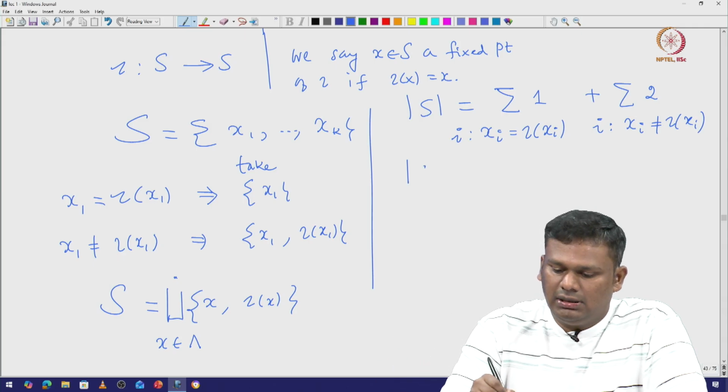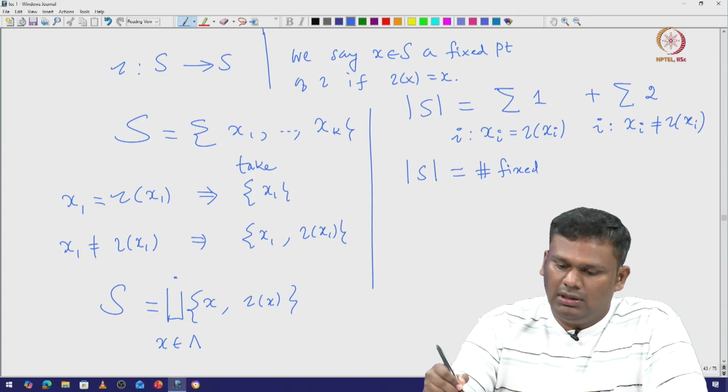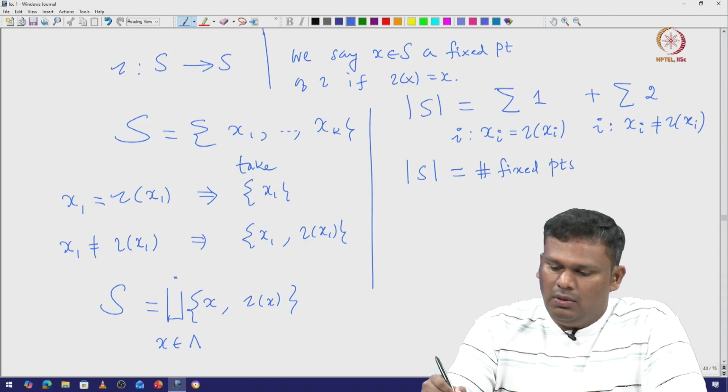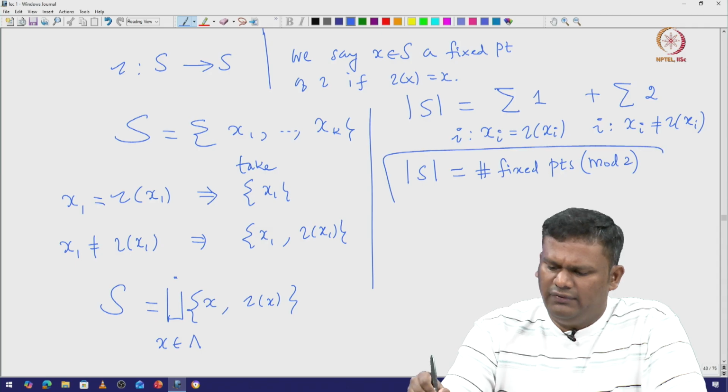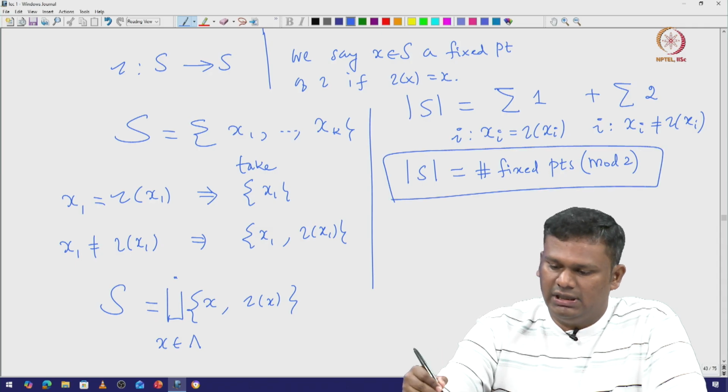So, this means the cardinality of S is going to be the number of fixed points modulo 2, that is for sure. This is what we get immediately using this equation.